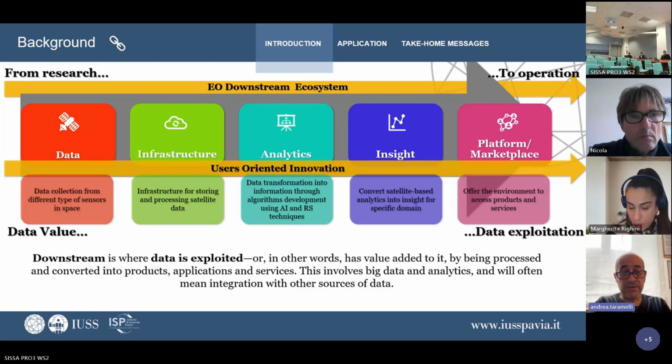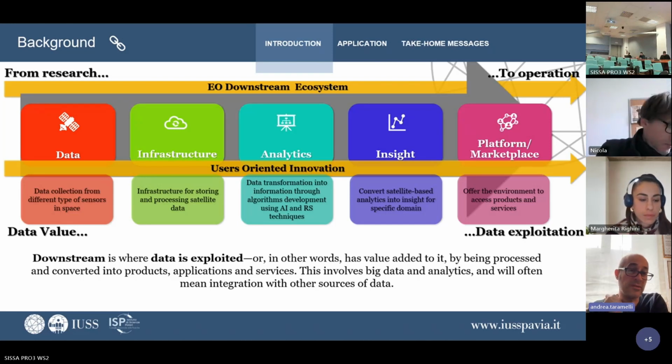When we talk about data value, we are building what is called the downstream, where the data is exploited. I really underline that the European Union is producing the data. All the data are free, open, and free of charge, so everybody can have this data. But most of the time, the marketplace and the infrastructure are made by countries outside Europe, mostly the United States and China. So this is a huge problem.